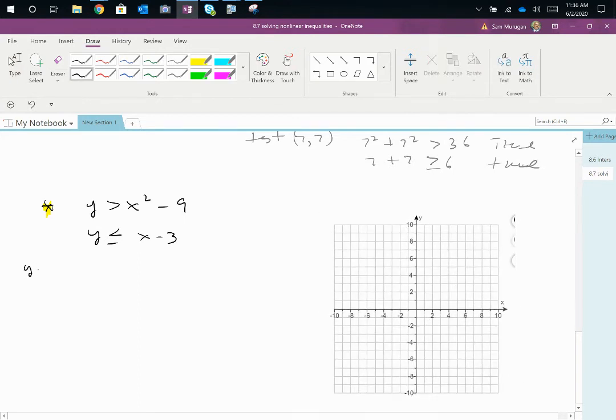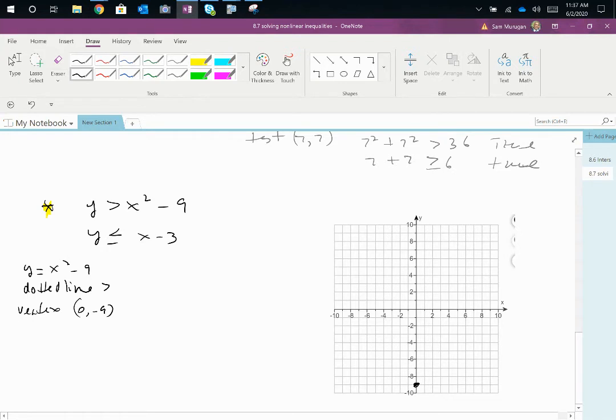So y is equal to x squared minus 9, dotted line, since we have a greater than. Okay, this is vertex. It's the square function down 9 places, so vertex at 0 and negative 9. Mark that point, 0 and negative 9.